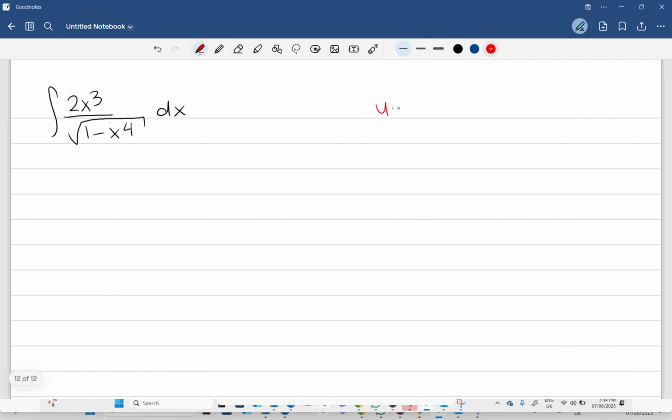So I'm going to choose u to be 1 minus x to the power of 4. Then I'm going to find my du, which is its derivative, negative 4x to the power of 3 dx. Then I'm going to find my dx, which is du over negative 4x to the power of 3.